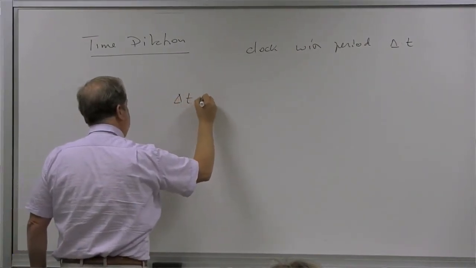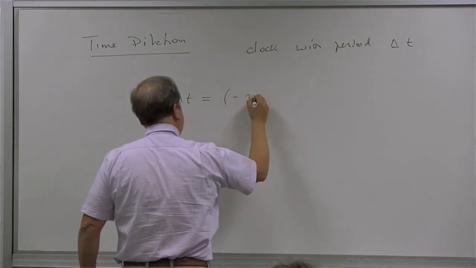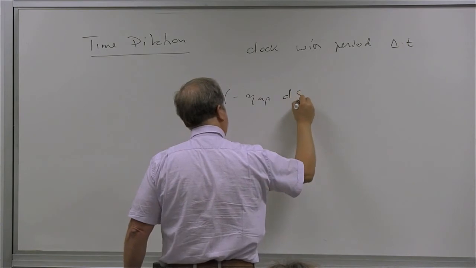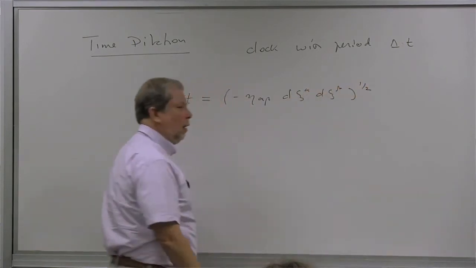That means that delta t is equal to the square root of minus eta alpha beta dxi alpha dxi beta, to the 1/2.